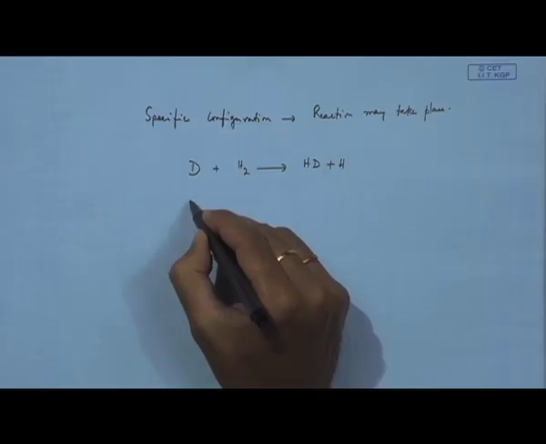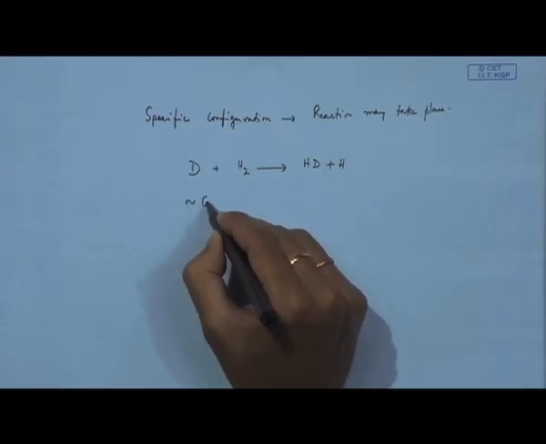But if it is not a collinear situation, then the reaction probability is possibly less. So the reaction will fail if they do not approach each other in an almost collinear geometry.